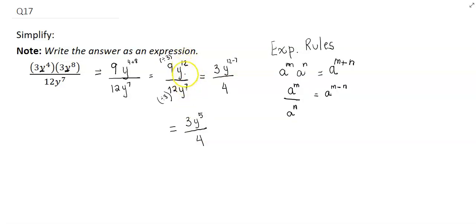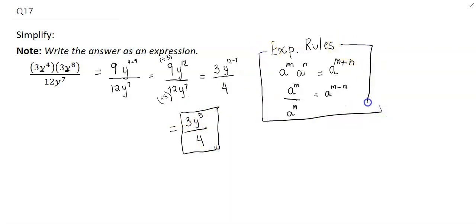Sometimes you ask, where do I put the base, on the numerator or denominator? You always put it where there is the most, because you're subtracting, the difference goes where there are the most y's. Then I simplified, making use of two exponent rules.